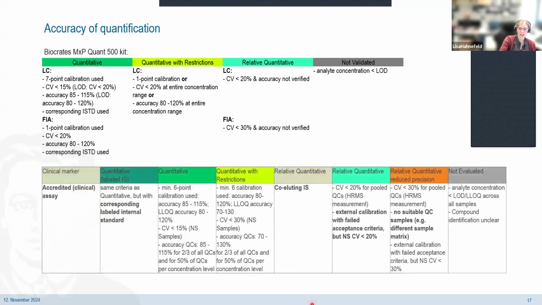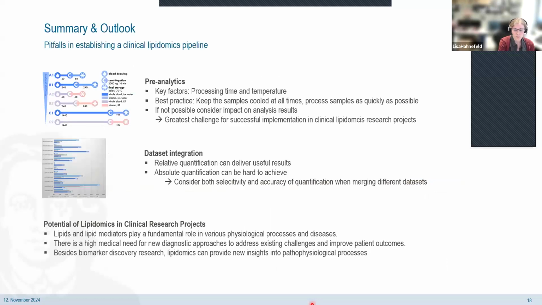You can extend this list to whatever you like. And maybe if you already have an accredited clinical assay, let's say total TG content, and it's completely correlating with all of your 300 TGs, maybe you just want to stick to the already validated assay and consider this for your future data analysis. So with this, I want to conclude my talk.